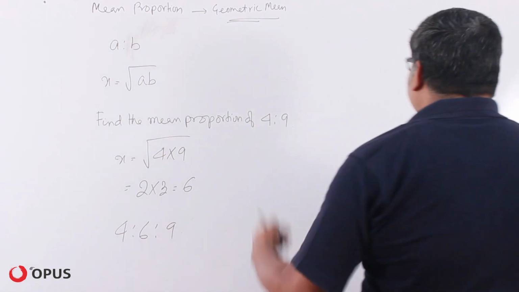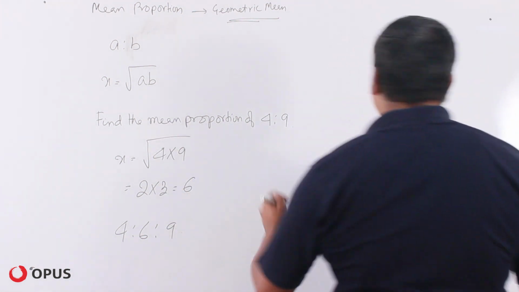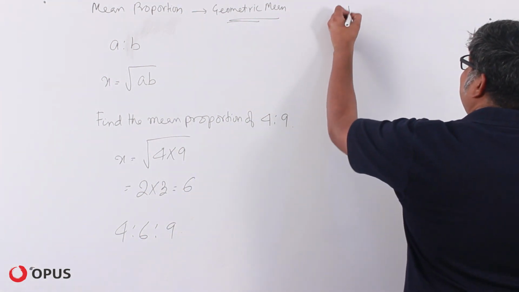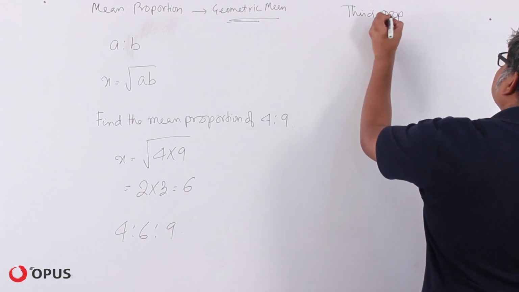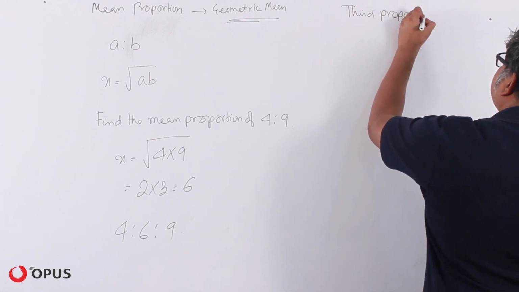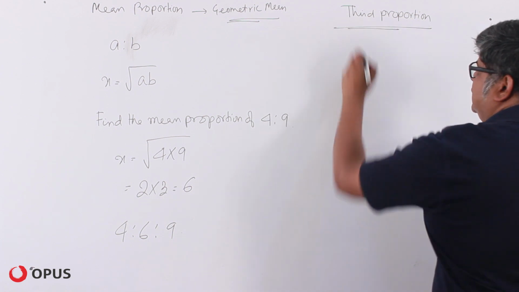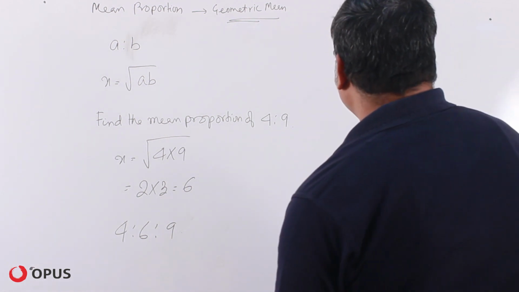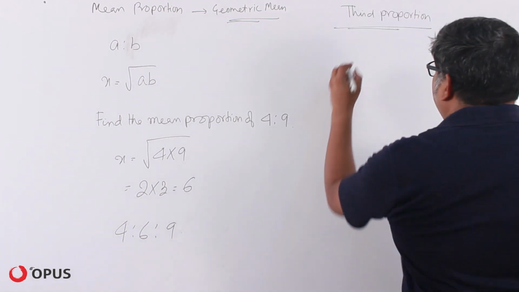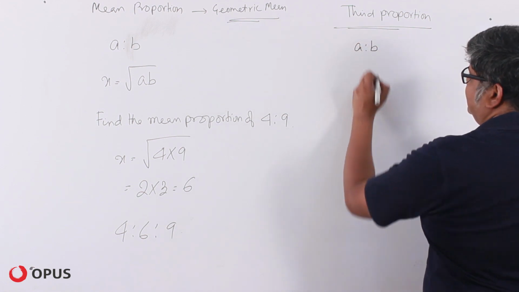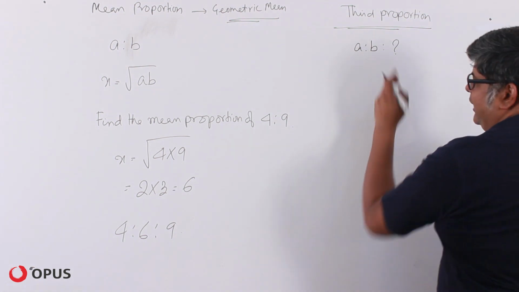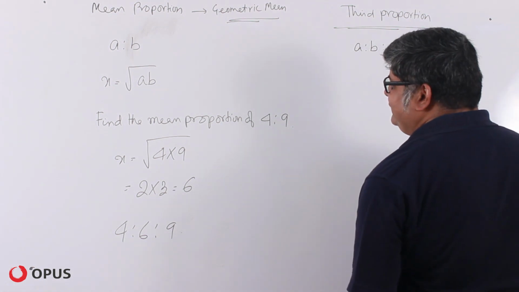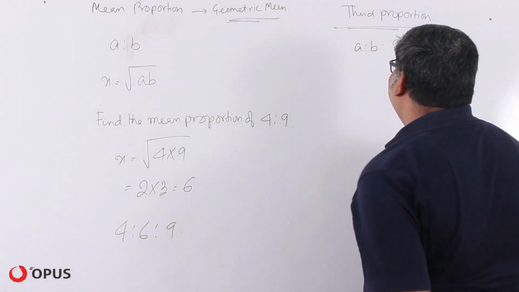Now, the next thing which is associated with proportion, of course, after mean proportion, we have this concept which is called the third proportion. Now, what is the third proportion? Third proportion means, like say, if you have A is to B, and we have to figure out what is the extremities when you have the mean. In fact, it's nothing but a variation of this only.